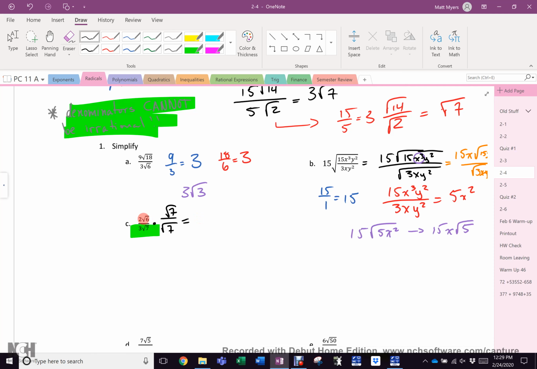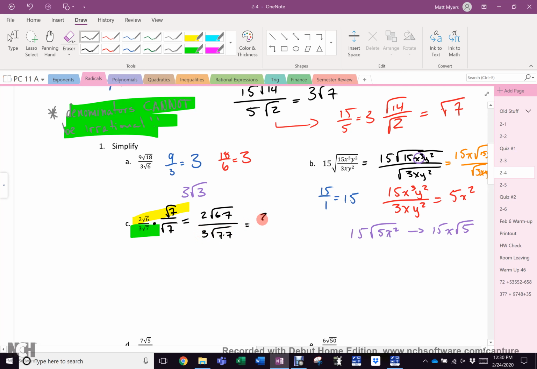How will it look? Well, how do I multiply that? It's 2 root 6 times 7, yes? Over, how do I multiply that? 3 root 7 times 7, right?